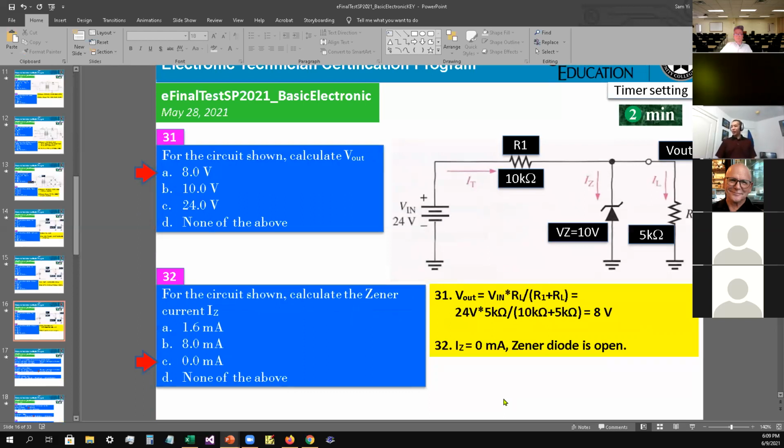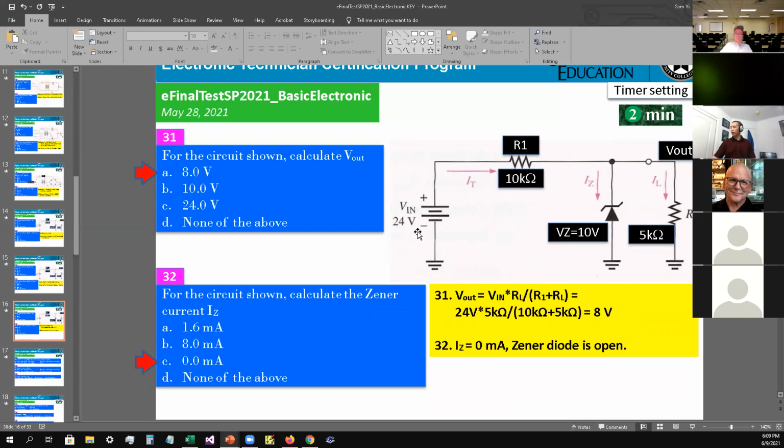Okay, number 31, for the circuit shown, calculate V out. We're going to do the same thing as we said before. We ignore the VZ for now and just focus on the two resistors, the R1 and RL.